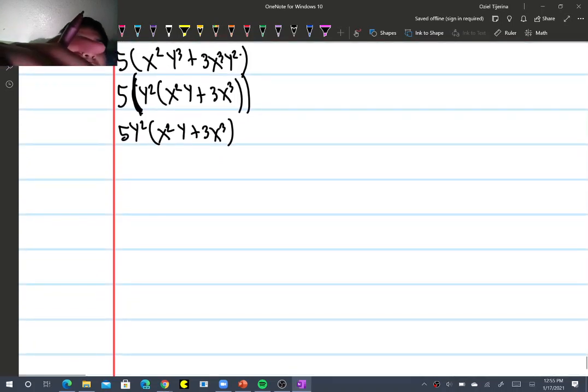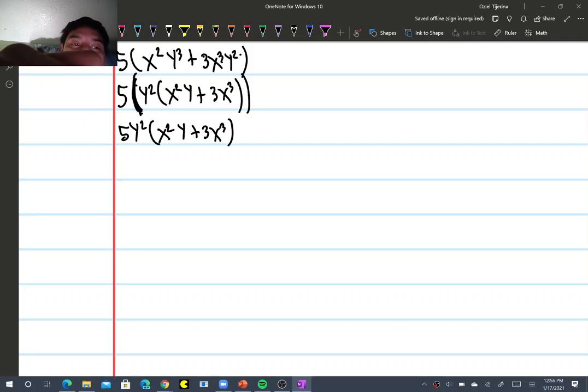And if you look again, you can factor out an x squared, because we have x squared y and x cubed, meaning that the greatest one we can factor out of all of them is x squared.